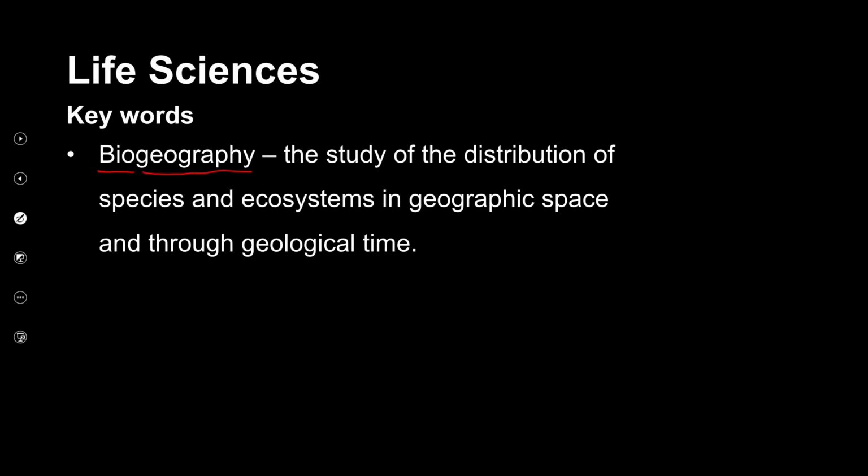So when we look at this term, we look at the distribution of species and ecosystems in geographic space and through geographical time. In other words, we look at how the continents were arranged at various times and why organisms might be similar today, why we find organisms that are similar but are actually thousands of kilometers apart.